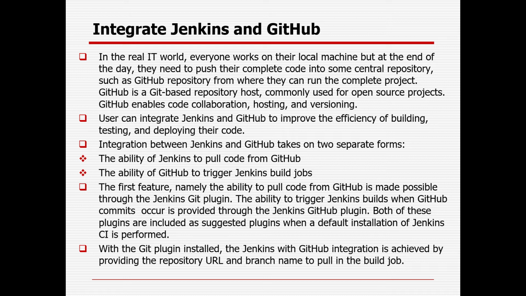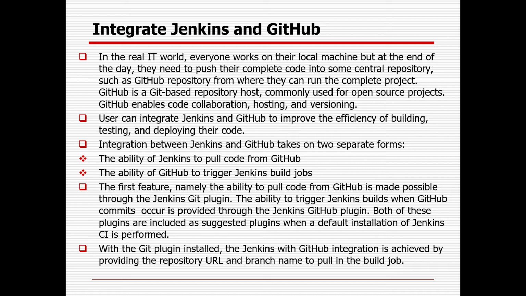A user can integrate Jenkins and GitHub to improve the efficiency of building, testing, and deploying the code. The integration between Jenkins and GitHub takes two separate forms. One is the ability of Jenkins to pull code from GitHub, and the second is the ability of GitHub to trigger a Jenkins build job.